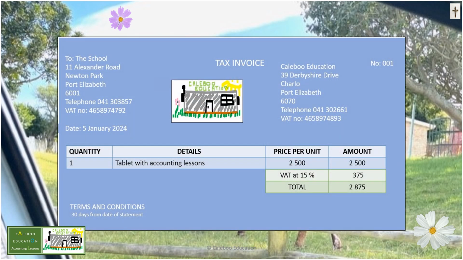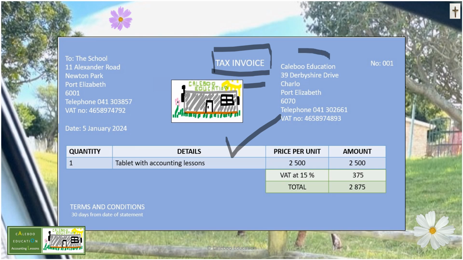Remember, all credit sales get recorded on a tax invoice. So the transactions take place. All transactions are documented on a tax invoice. I think I've dealt with the tax invoice, the document, enough. Don't forget, if you're asked what document is used to record credit sales, you say a credit invoice or tax invoice.